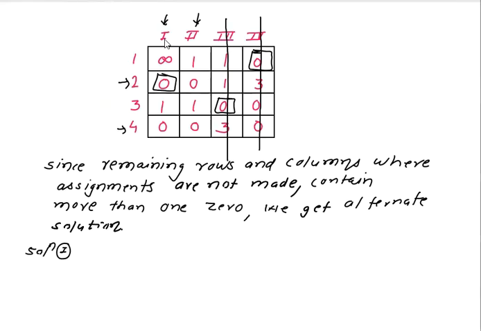We assign job 1, and for clerk number 4 we cannot assign job number 1 now because it is assigned to clerk number 2. So let us assign job number 2 to clerk 4. So this is the one solution.